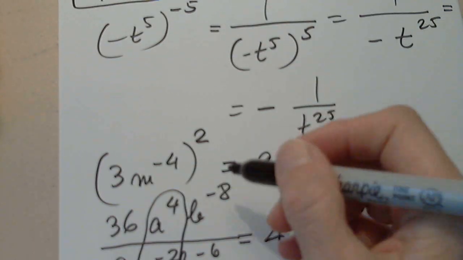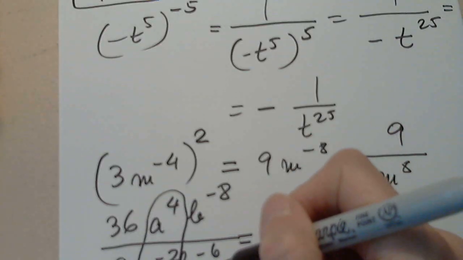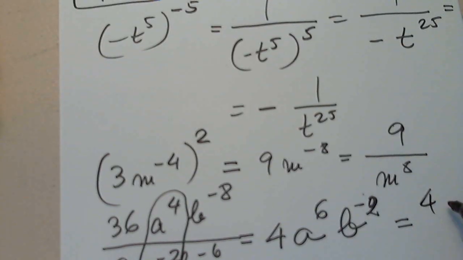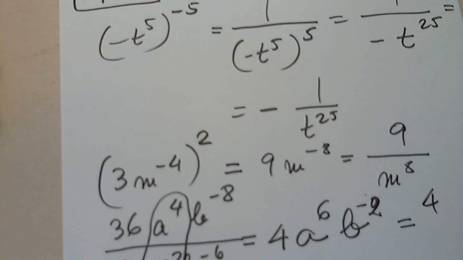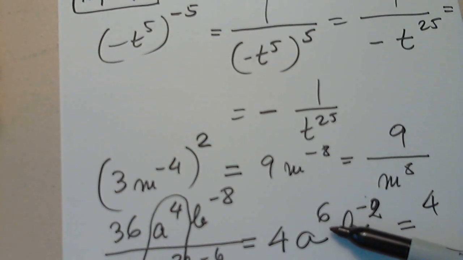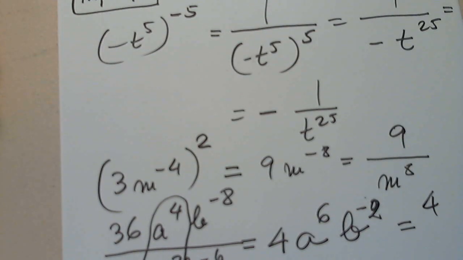Yes, b to -8 minus -6 is indeed -2. Final step, no negative exponents in the final answer. No. 4 over a to the 6th power b to the 2nd? I cannot touch a to the 6th. Nobody's allowed to touch a to the 6th.